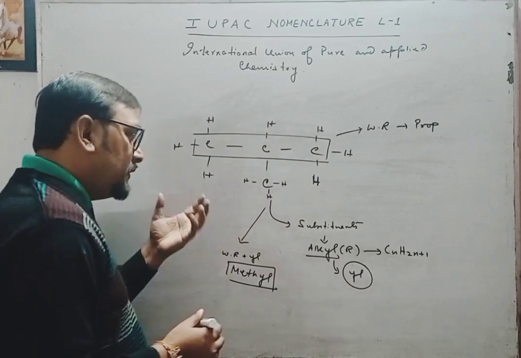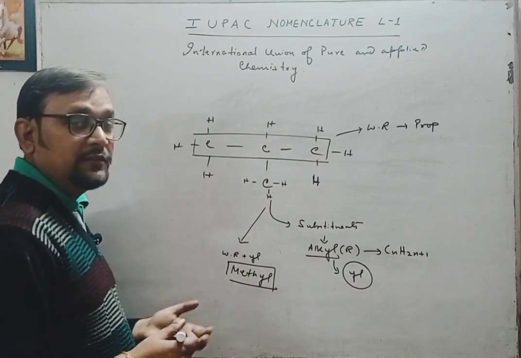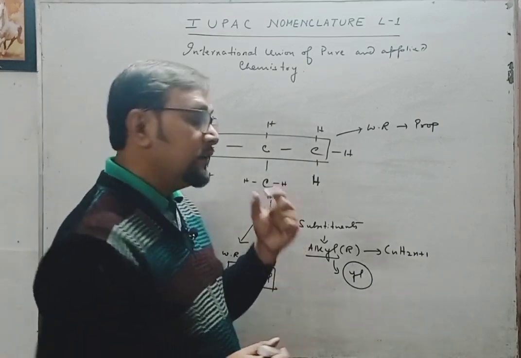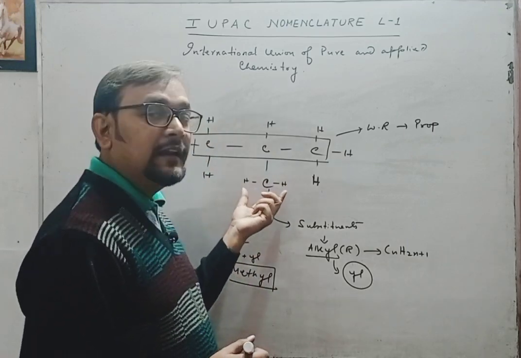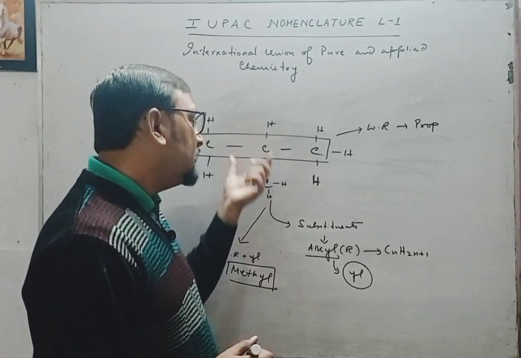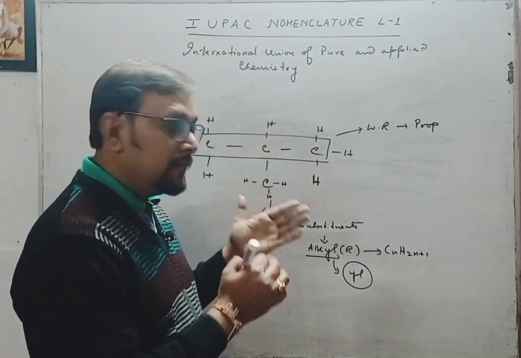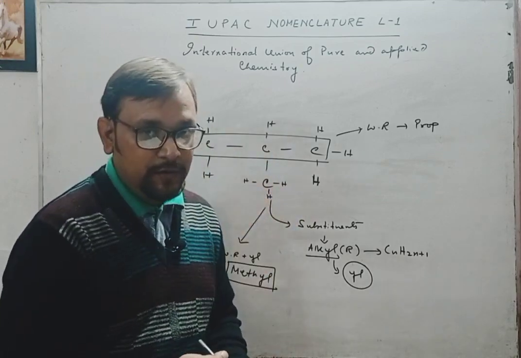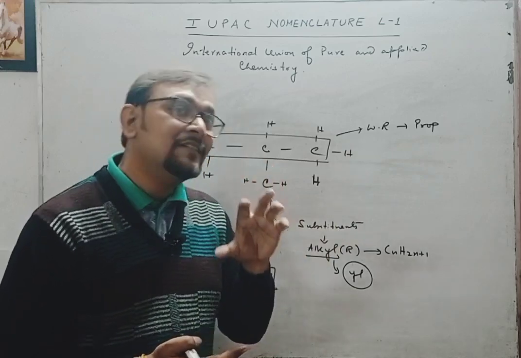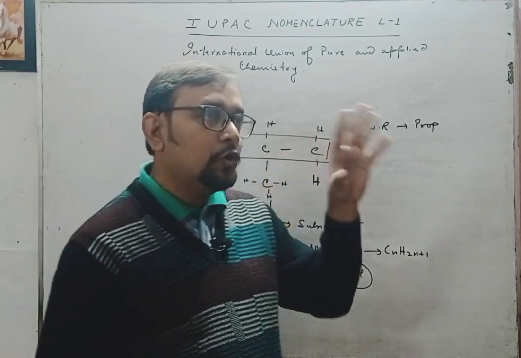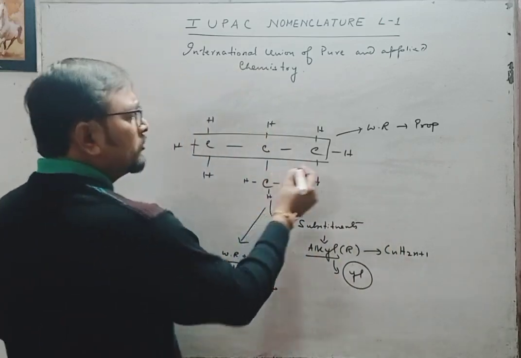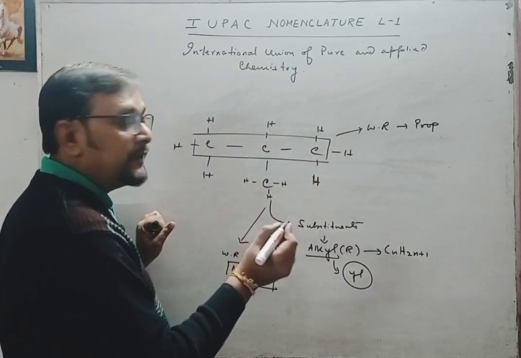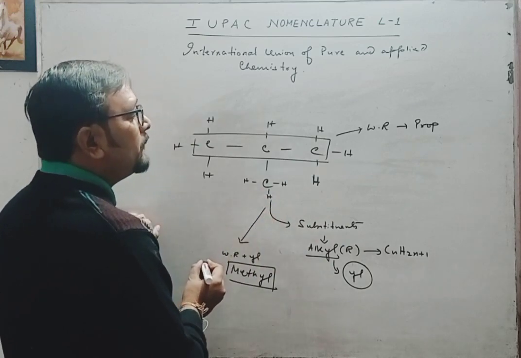Now finally, what is the thing which is required? Numbering, which is another important thing. You have to mention to which carbon atom the substituent is attached. You have to give an address. These addresses are known as locants. You have to locate, so that is why they are known as locants. So how to do the numbering?